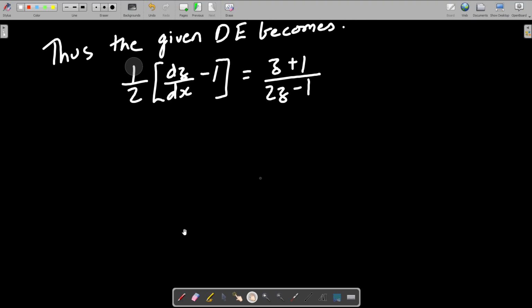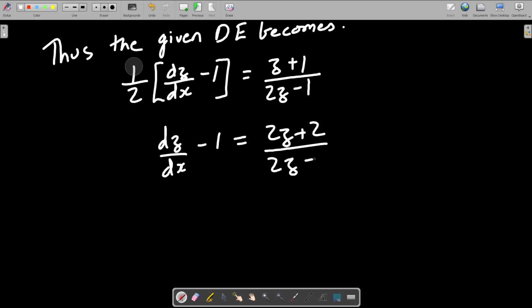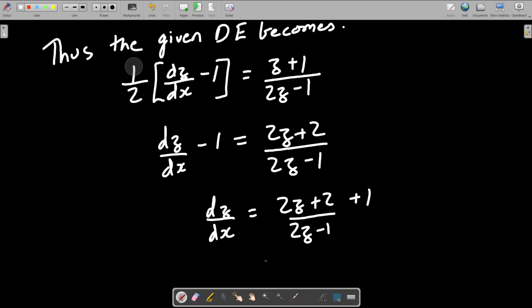This 2 over here, I'll take it on top this side and multiply it over there. So dz by dx minus 1 is (2z plus 2) upon (2z minus 1). Okay, take this on the other side now. So dz by dx is equal to (2z plus 2 plus 2z minus 1) upon (2z minus 1).